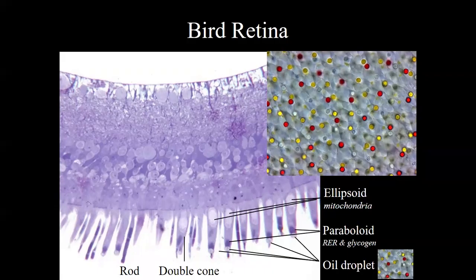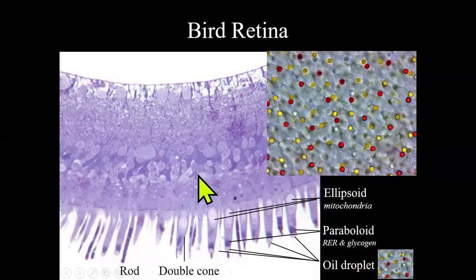We routinely embed our pathology specimens in paraffin. It means we can make about a 5 micron section, which is damn thin, but when you're looking at fine detail like we're attempting to look at here, everything gets blurred. So this is a plastic section.